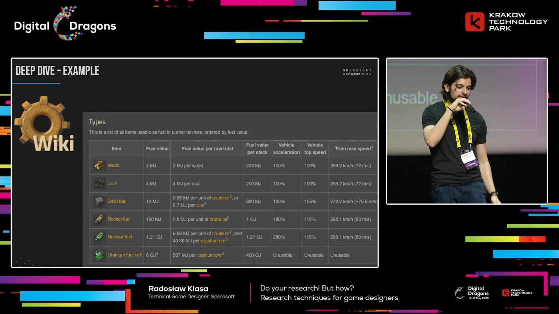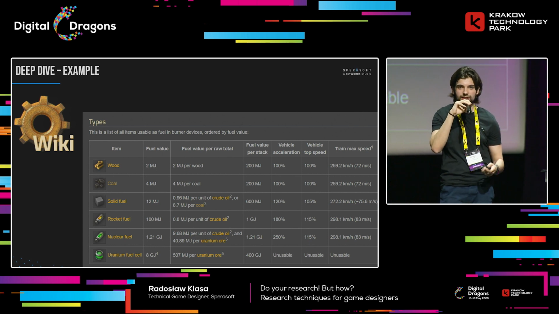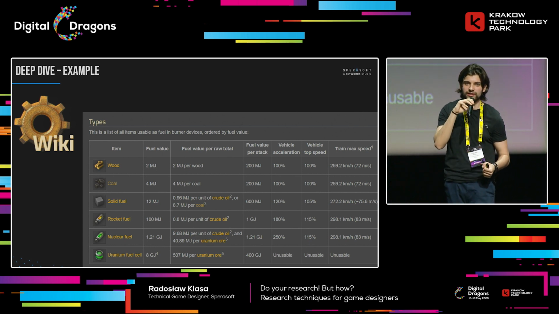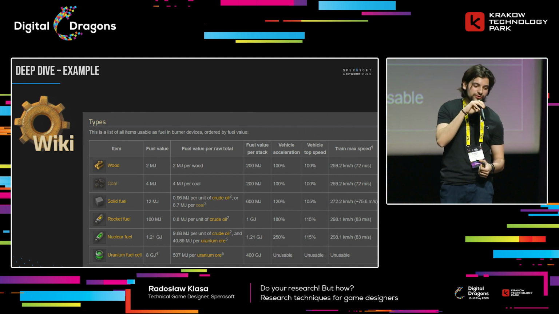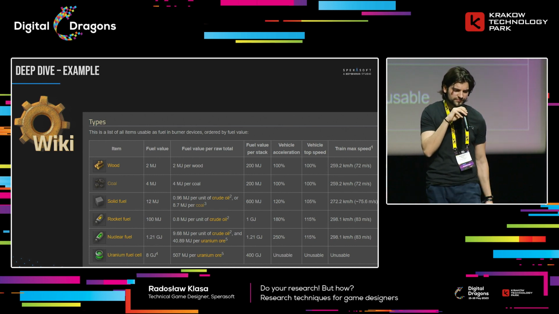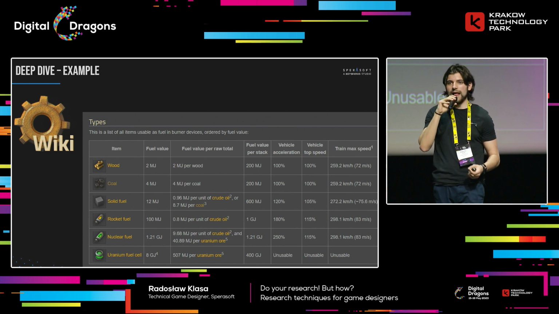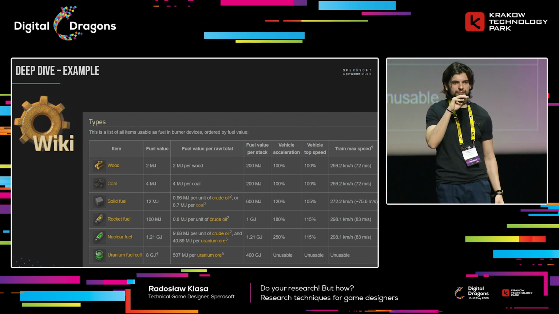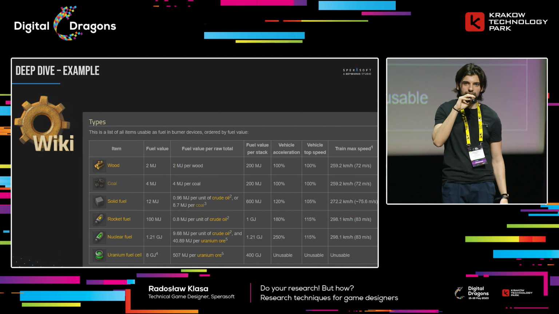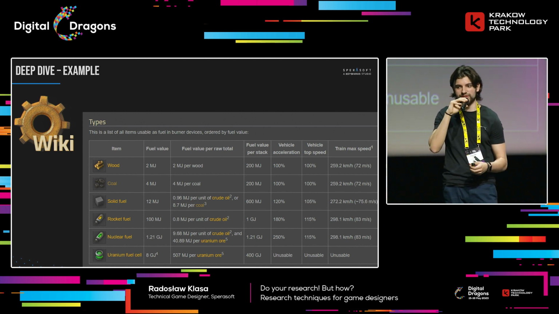And we find a lot of details already provided in the game, like how long it takes, how much energy it creates, all the fuel values of different resources, and that can be pretty useful at the beginning for us if we are also creating some reforge system.